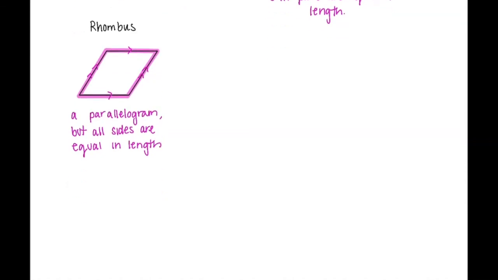And finally, we've got two special ones, which you probably know their names. A rectangle is a special quadrilateral in that it is a parallelogram because these sides are parallel, these sides are parallel as well, but every single angle in these corners is going to be 90 degrees.